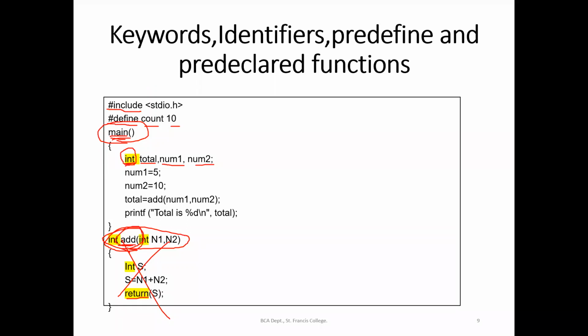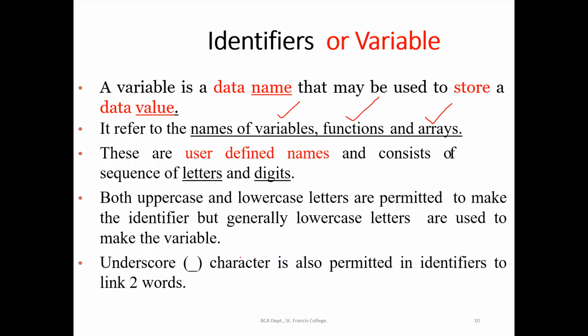When I am giving the name, we have to follow certain rules. If I am naming a variable for an integer value, or naming a variable for an array, or naming a function, all of those are known as an identifier or variable name.